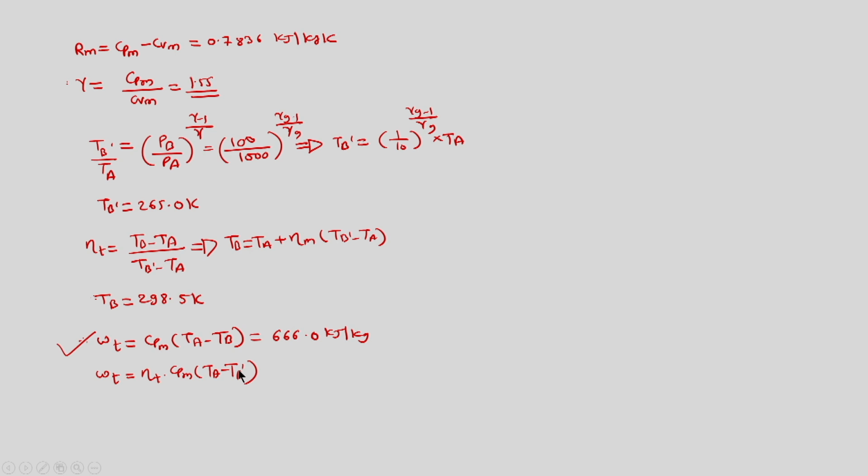That would also have given 666.0 kilojoule per kg. So this is how we end the discussion on the gas mixtures. Now we have understood that if the individual properties are known and the fraction of each component is known, we can fetch the properties of the mixture. Thank you.